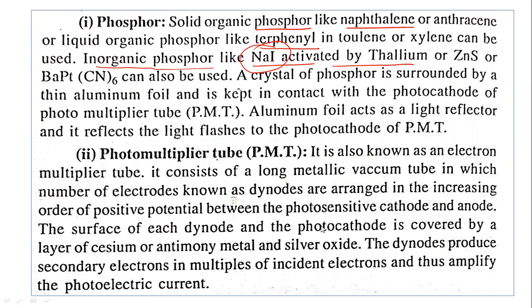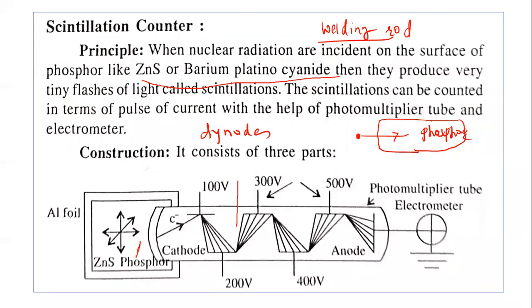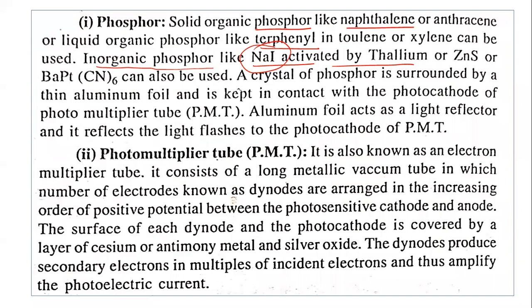Now the surface of each dynode and the photocathode is covered by a layer of cesium or antimony metal or silver oxide. This surface of each dynode is coated by some active metal, and it has its own importance.